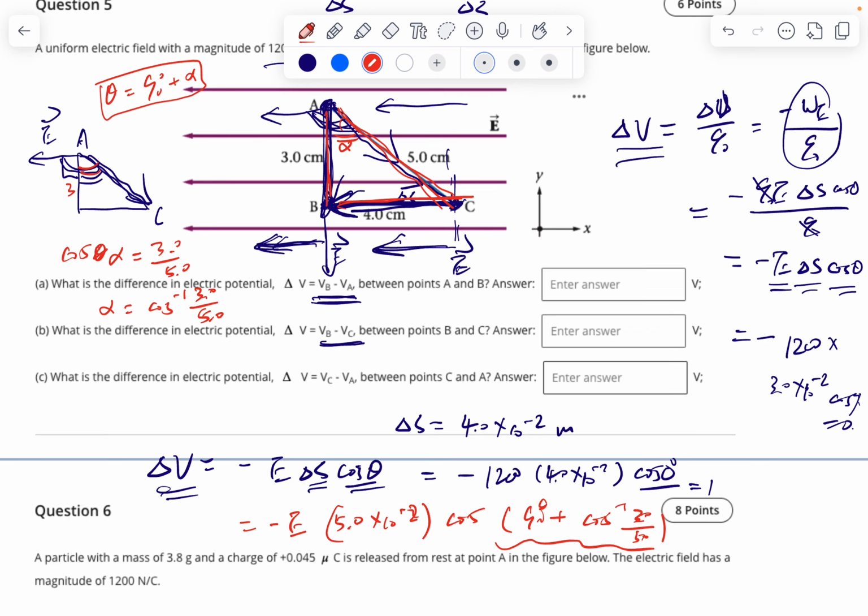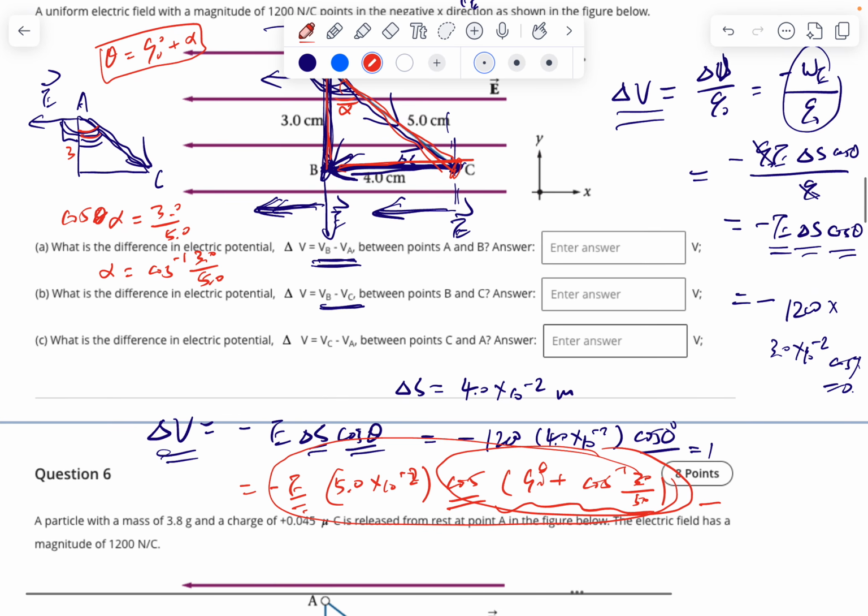So this angle is larger than 90 and smaller than 180. So cosine of this term is a negative value, okay? And you have E here, all right? So you see the whole thing will be positive, which means potential at C is higher than potential at A.